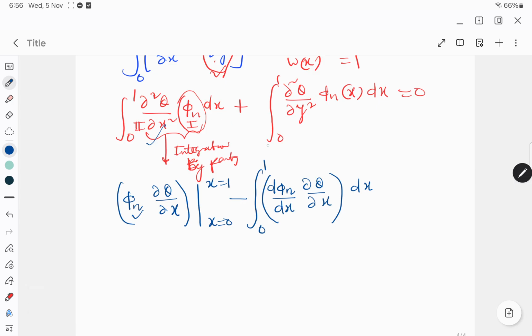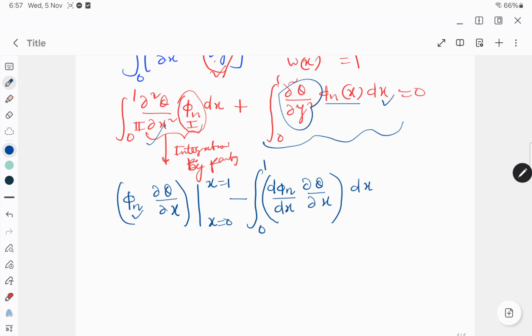Now for this second one, since phi n x is only a function of x, with respect to which we are integrating this del 2 theta over del y square, y is independent of x, both are independent variables, so we can take del y square outside.